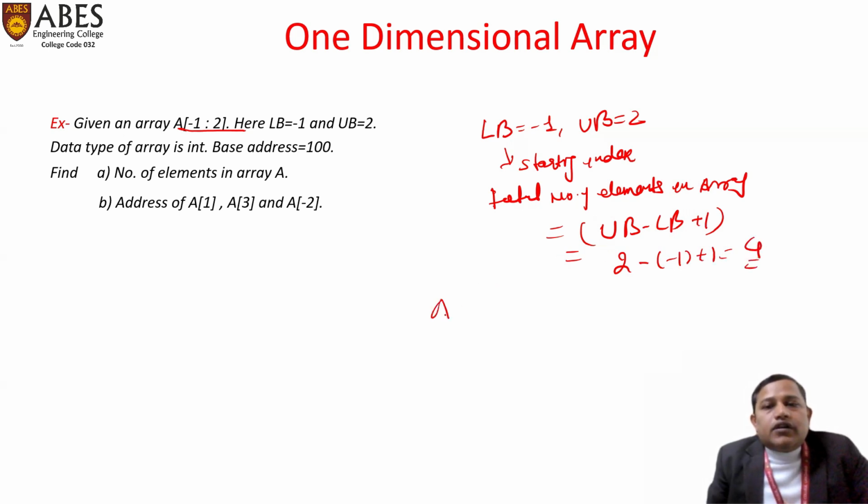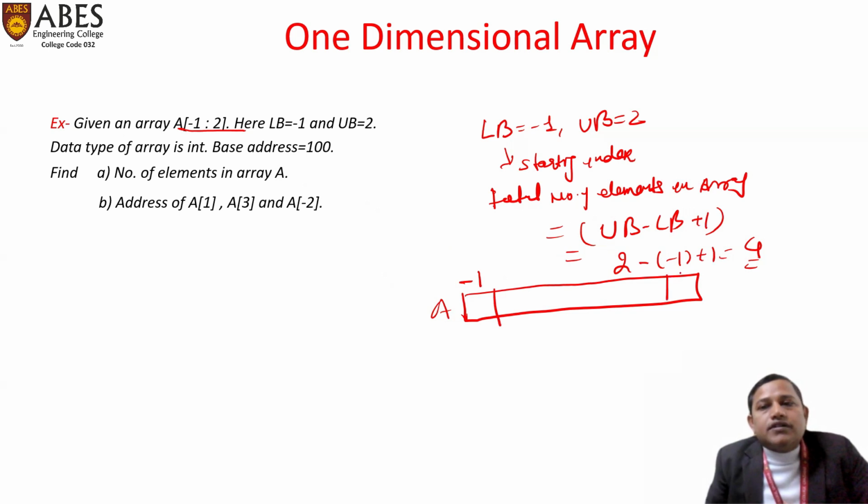And the array looks like this. Here the starting index is -1 and the last index is 2. In between you have elements 1, 2, 3 and 4, total 4 elements, and the address of the first element is given here, that is 100 bytes.